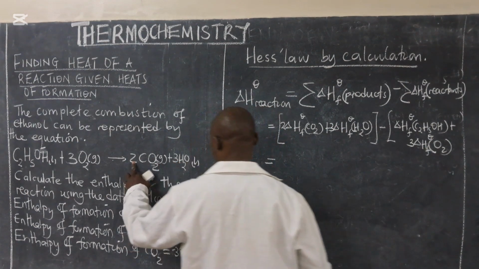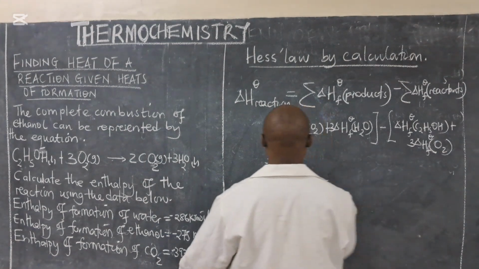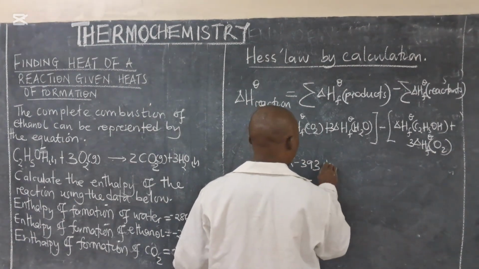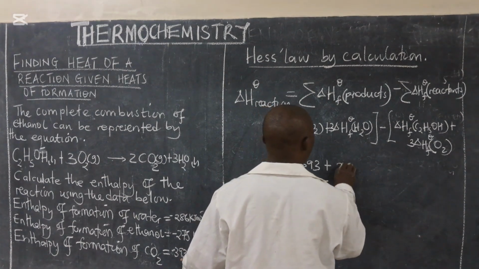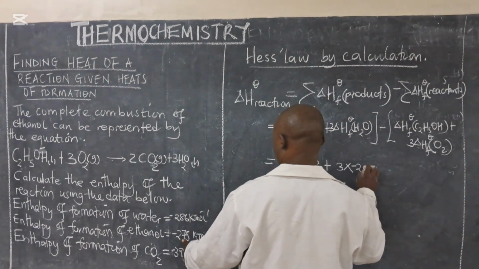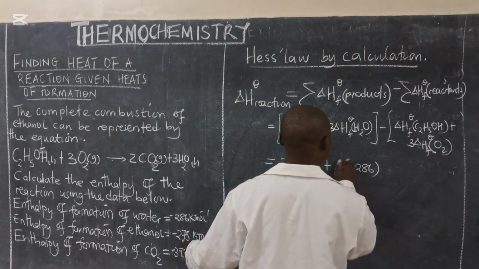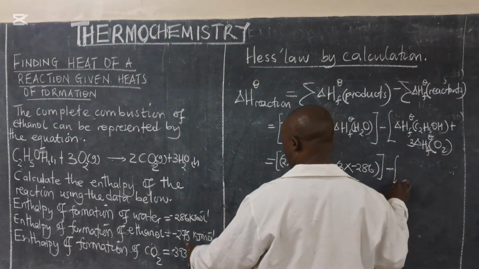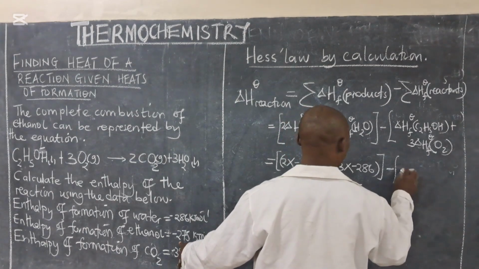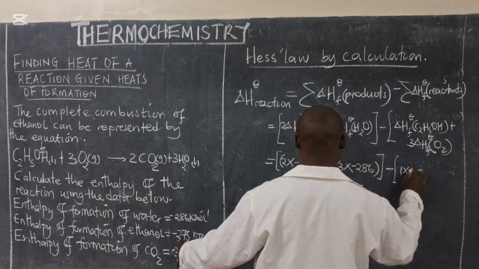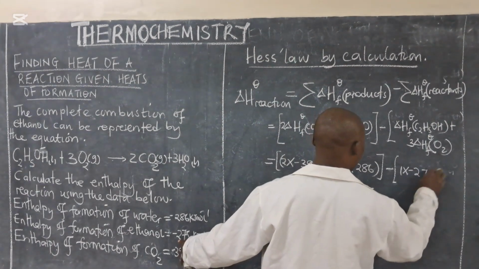So I will have 2 times the enthalpy of formation of carbon dioxide, 2 times negative 393, plus 3 times that of water, negative 286. Then I'm going to subtract the formation of ethanol. It's only 1 times that of formation of ethanol, negative 275.